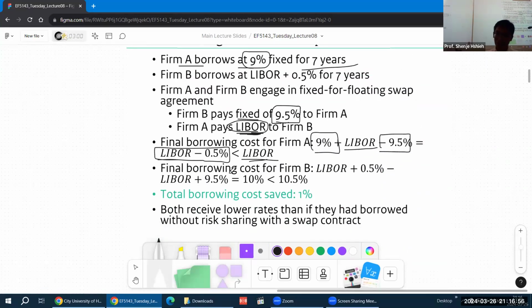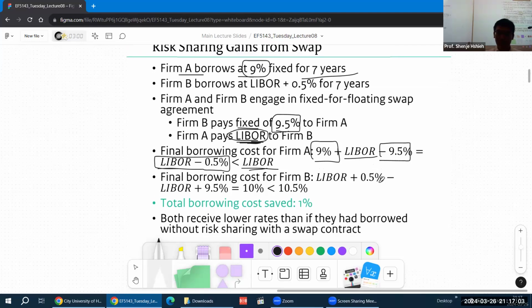Now look at firm B. So firm B originally was borrowing at some variable rate plus a margin of 0.5%. It is paying fixed, and it's going to receive LIBOR.